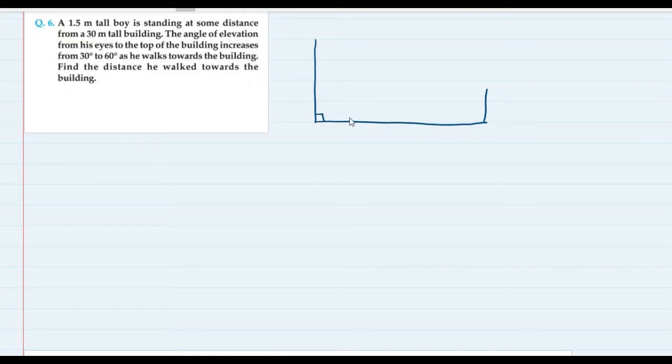Let's say AB is the building and CD is the boy. This is 30 meter, this is 1.5 meter. The angle of elevation from his eyes to the top of the building increases from 30 degrees to 60 degrees as he walks towards the building.